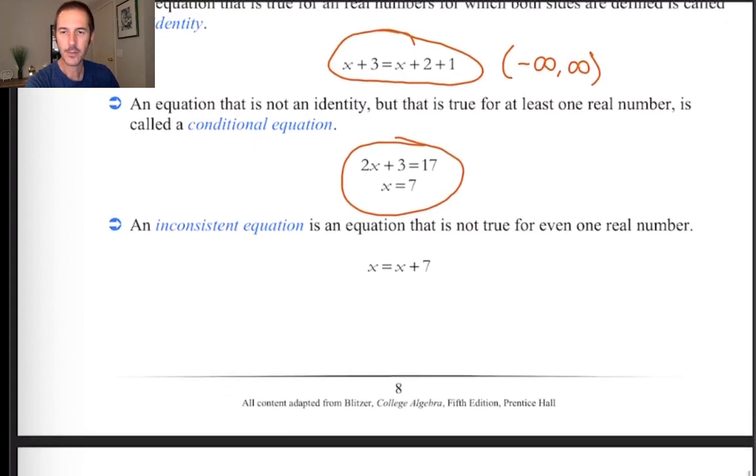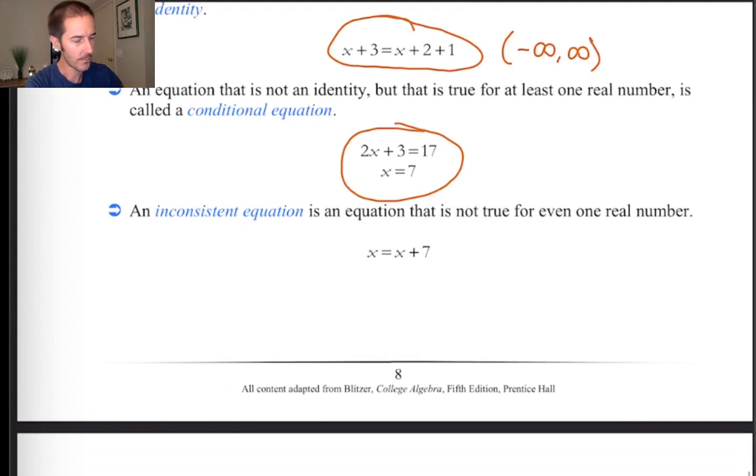And finally, there's this inconsistent equation. If we subtract x from both sides of this equation, we get a statement, an equation that says 0 equals 7. I don't care what x value you give me, 0 is never going to equal 7. Okay, so this one has no solution.